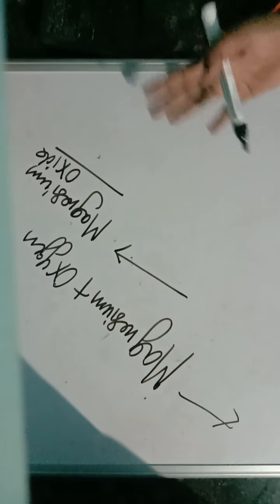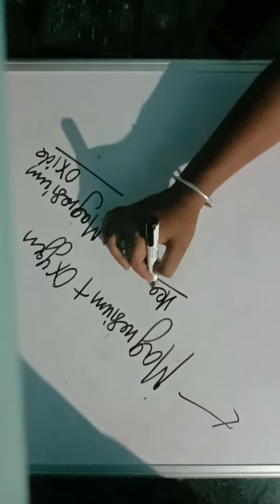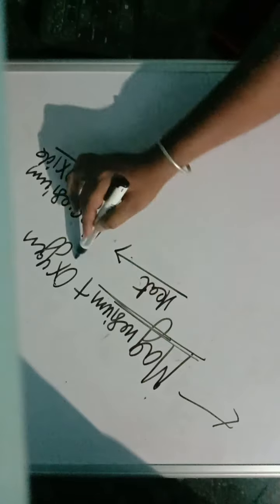This is a very important reaction because there is a question regarding why magnesium burns like a rocket flame. Here we are adding heat. So this is the formation of magnesium oxide, the burning of magnesium in air to form magnesium oxide.